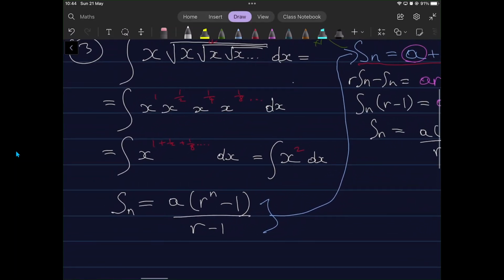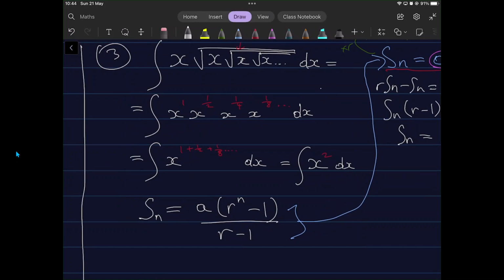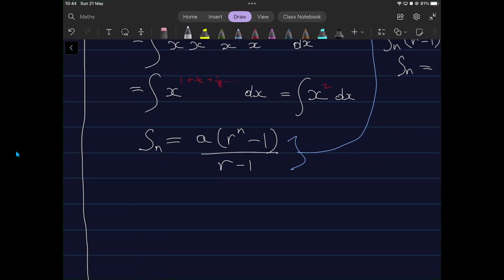In our case, a is 1, n goes to infinity, and r is a half. So in our case, S infinity is equal to the limit as n approaches infinity of a, our first term, which is 1, multiplied by r to the power of n, which is a half, all to the power of n, minus 1, all over a half minus 1.